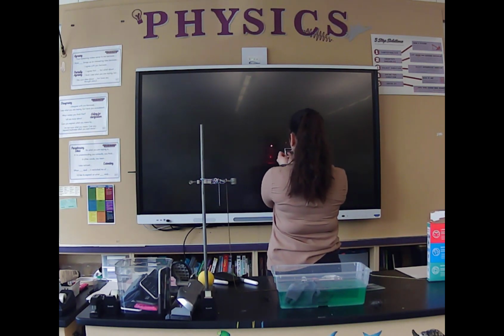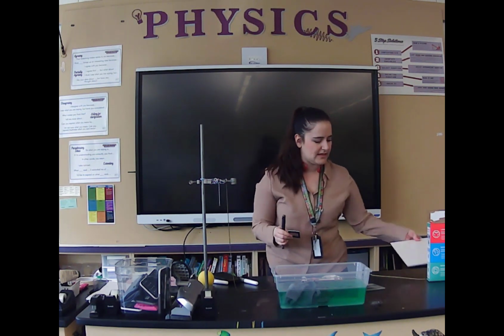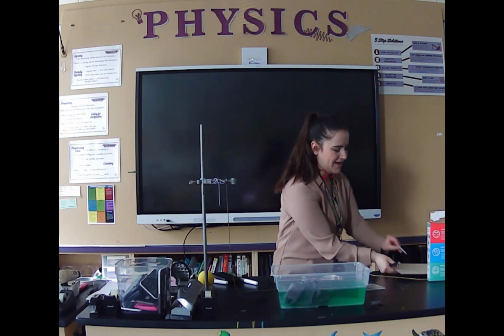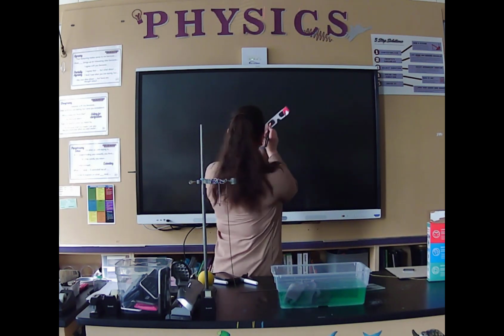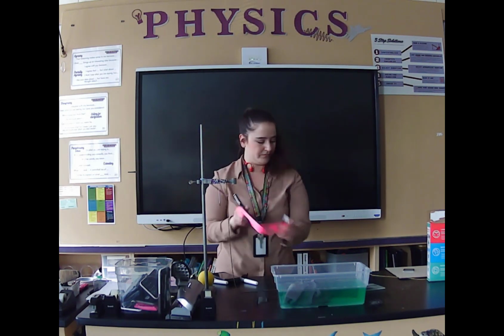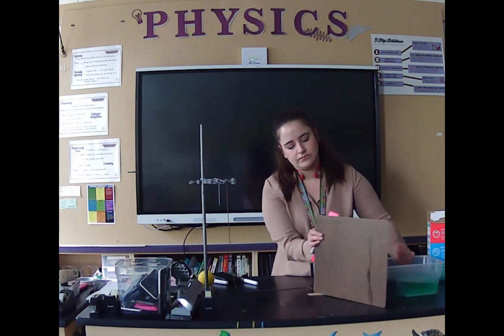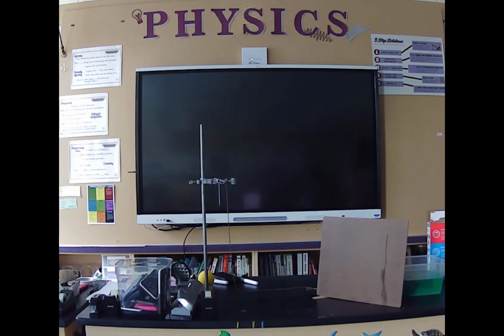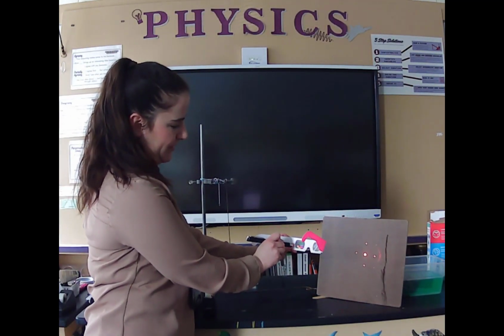When I shine the laser pointer at it, I'm trying to find somewhere where you can see this. Something cool about diffraction is you can also do it in all directions, like here. I'll shine that there to be my boundary, and you can shine it in all directions and get that pattern.